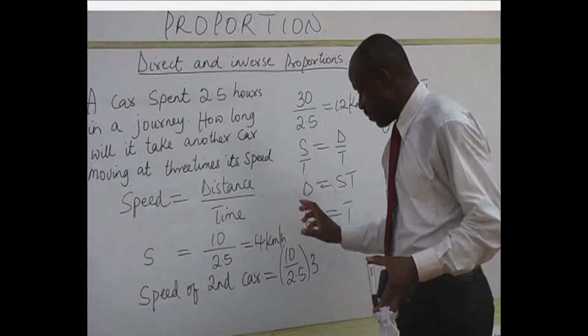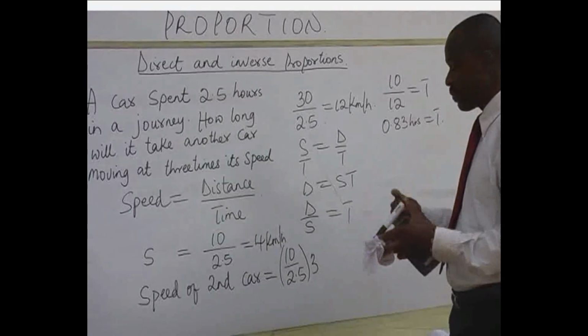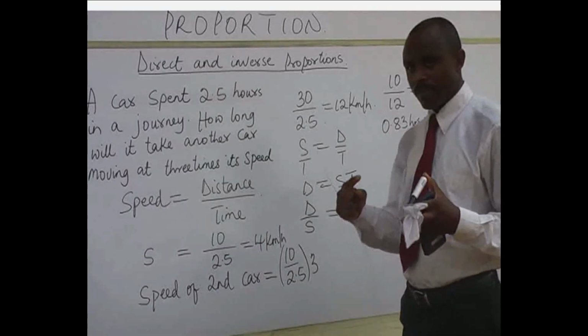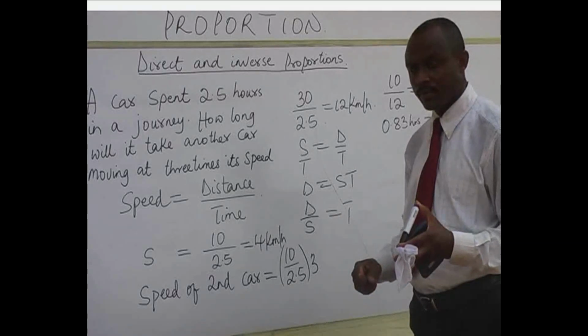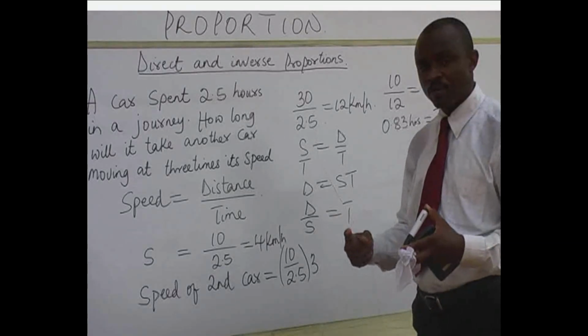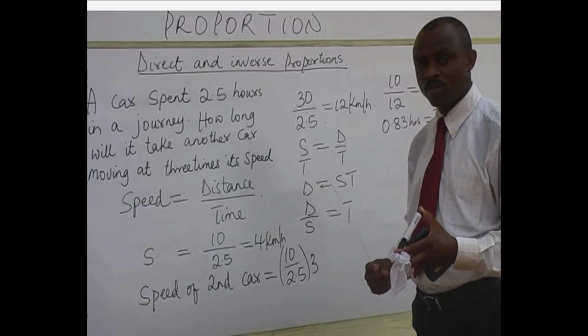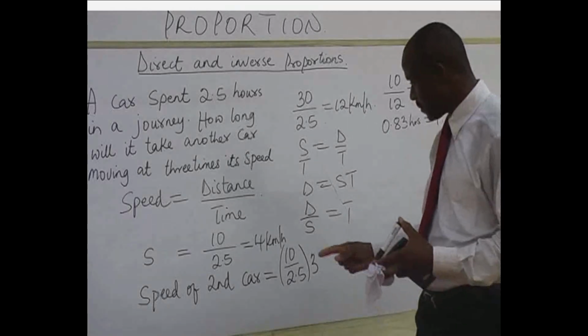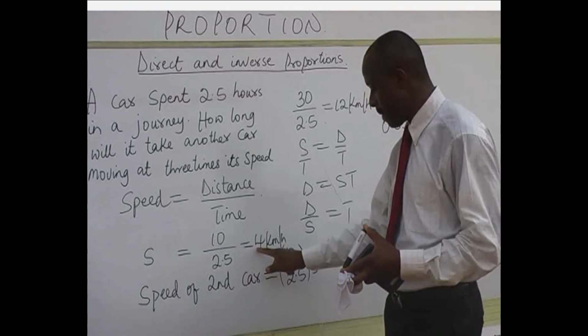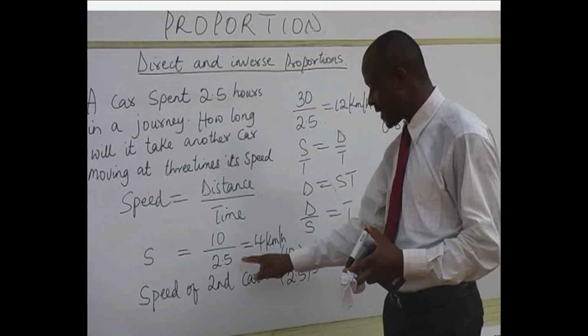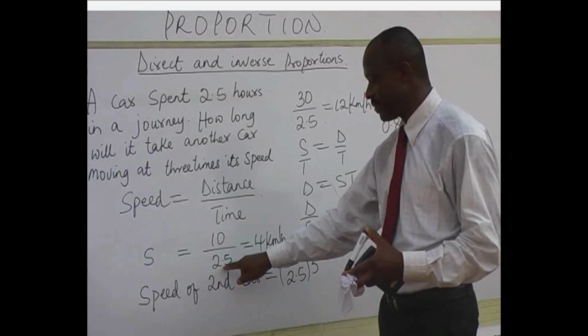This is an example of inverse proportion. The higher the input, the less the output. The more effort you put, the less reward you get. Look at this. When the speed was 4 kilometers per hour, you could see that the time taken was 2.5.